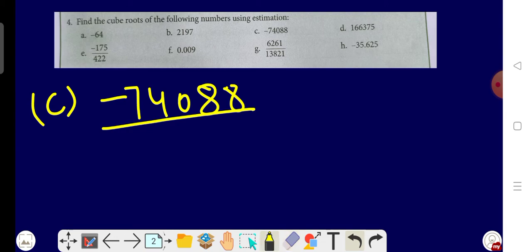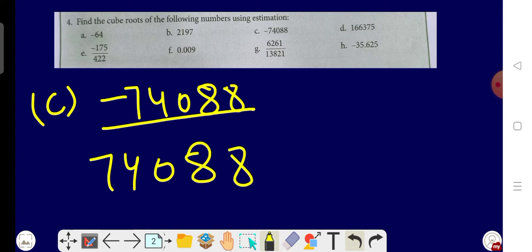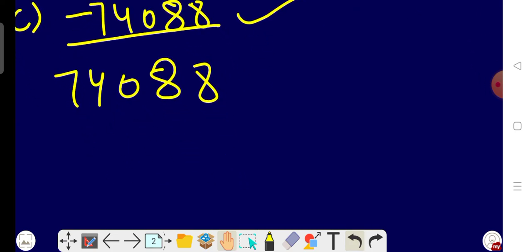So simply we will find the cube root of 74,088 and then put the negative sign in front of the answer. That will be our required answer. To find the cube root of this number by estimation, firstly we have to check the unit place digit. Here the unit place digit is 8.